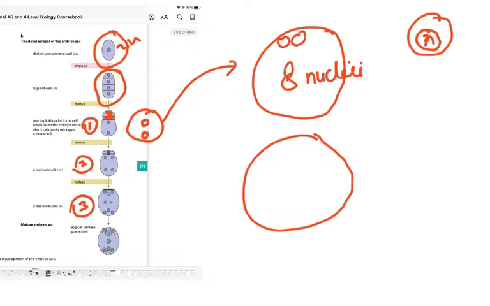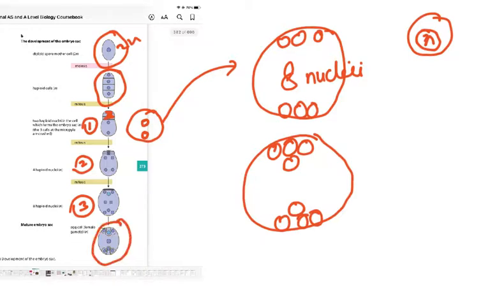3 go to one pole and 3 go to the other pole. So we have 3 here and 3 here, and then there's another one here, so 4. So we have 8 nuclei. Now one of these, as you can see here, is called the egg cell or the female gamete.